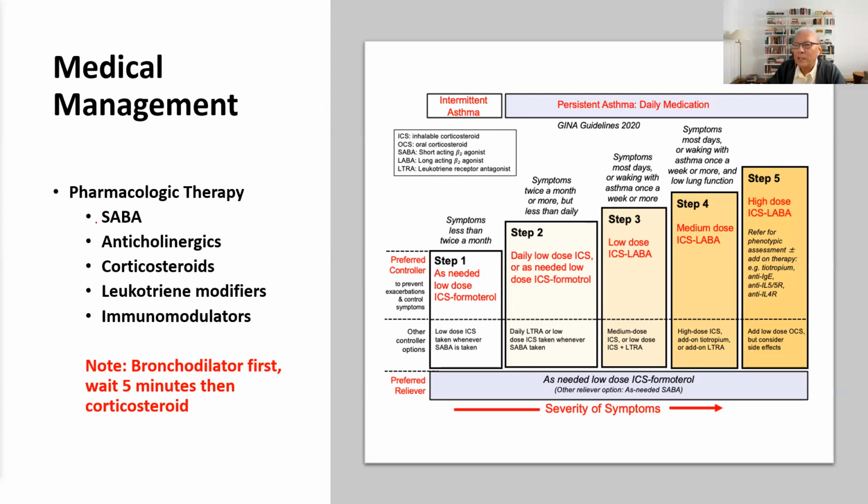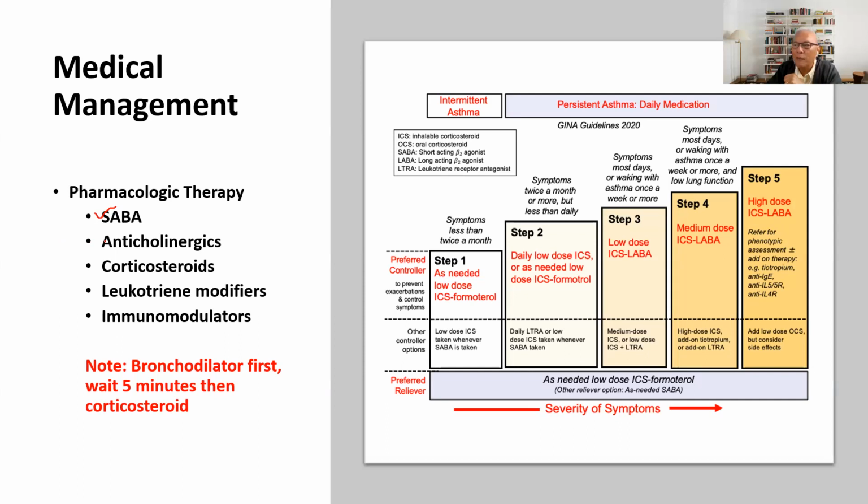The other things that are going to be part of the therapeutic regimen of patients with asthma are anticholinergics. Anticholinergics inhibit what is known as muscarinic receptors, and therefore reduce the vagal tone of the airway. Thus, it causes bronchodilation.